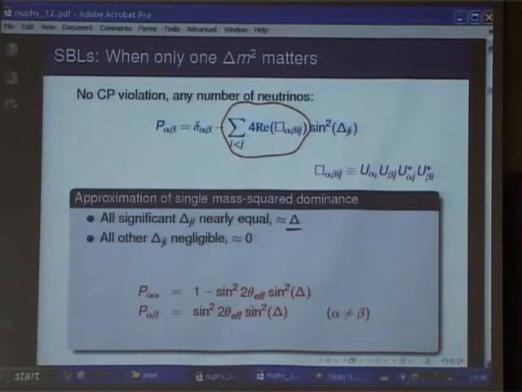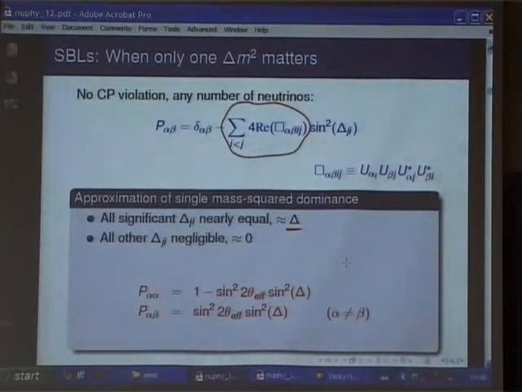Because now it looks exactly like 2 neutrino oscillations. So even though we had many neutrinos, 3 or 4 or 5 or 15, the probability of survival and conversion will always look like 2 neutrino conversion: sine square 2 theta times sine square delta, and 1 minus that. So theta in the first equation and theta in the second equation, theta effective, are both different.